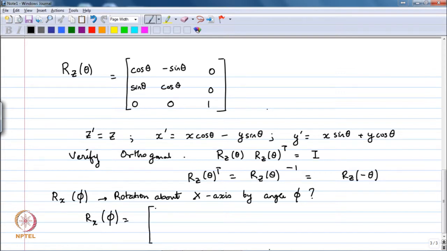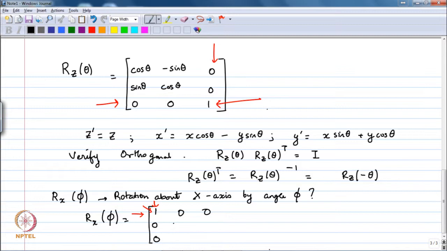Now, in this case the x coordinate is the one that is unchanged. So, the x coordinate is the one that is not changing. In the case of r z, you had the z coordinate that was not changing, so you had a 1 there and the rest were zeros. Now, in this case you have the 1 here and these are zeros, and the rest part will look very similar.